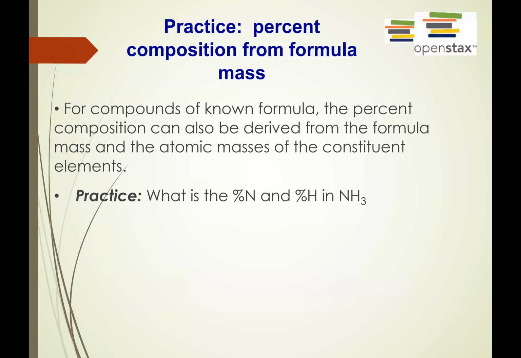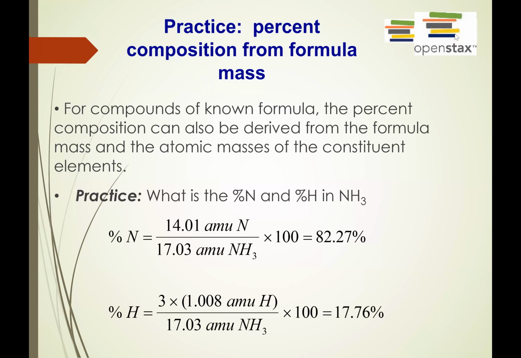Okay, so we go through this. We get these two. Now, again, for sig figs, you just kind of keep it however many digits you use for your molar masses. So for each of those, I had 4, so then I used 4.